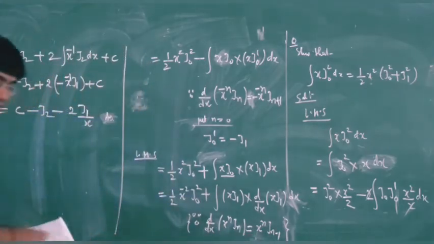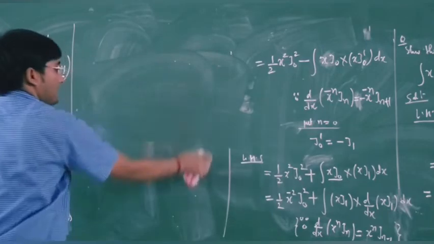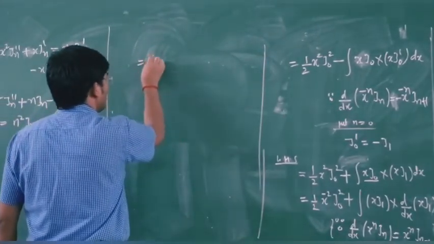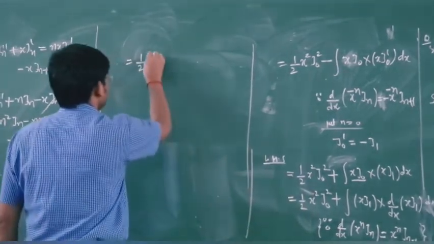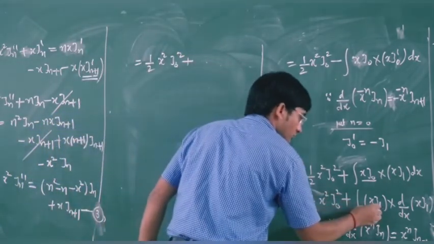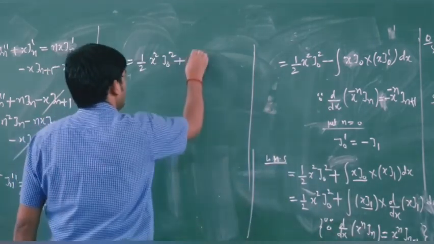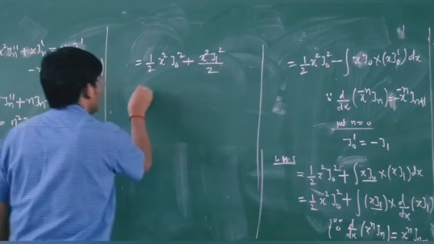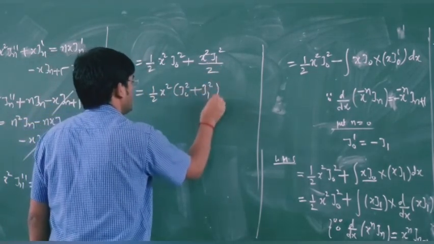So this is equal to 1 by 2 x power 2 into j naught square plus, now if you assume this one as u, then this will be u into du. So the integration of u will be u square by 2. So we will have x square j1 square by 2. So this is your 1 by 2 x square into j naught square plus j1 square. So this is your answer.